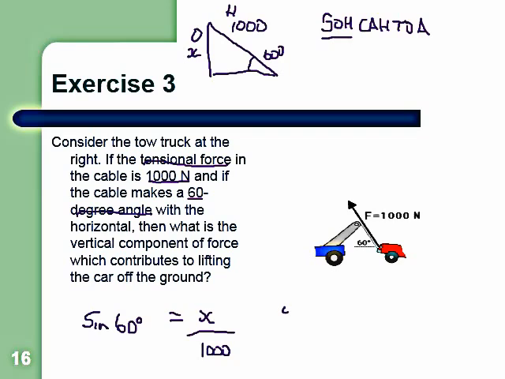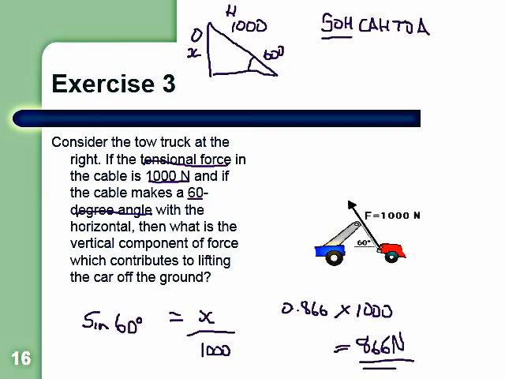So that means that 0.866, which is the sine of 60 degrees from my very mathematical brain, times 1,000 by rearrangement will give you the answer of 866 newtons. Okay, and that is the answer.